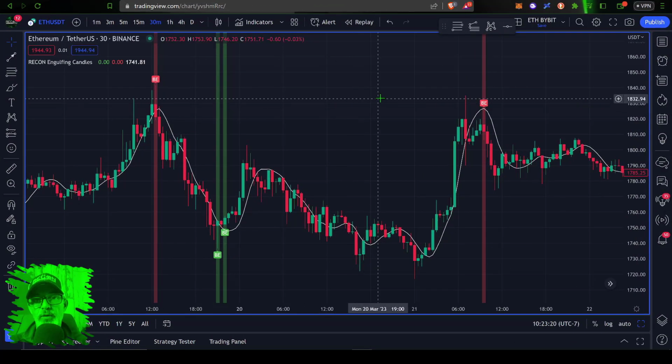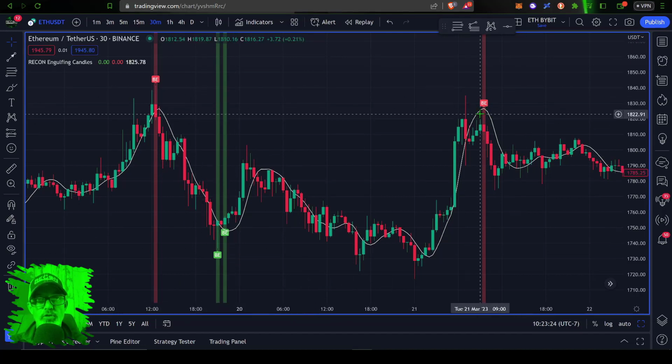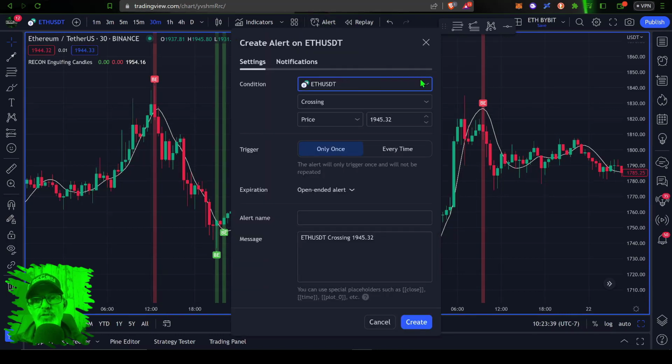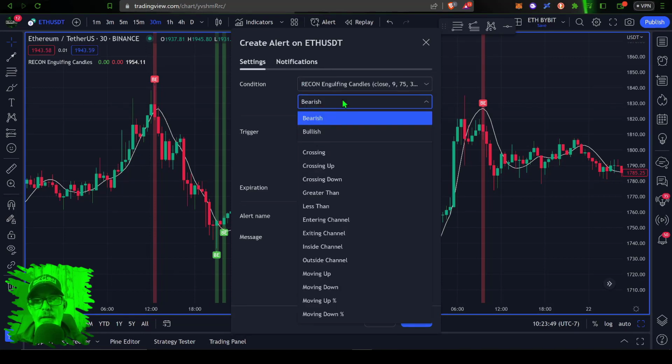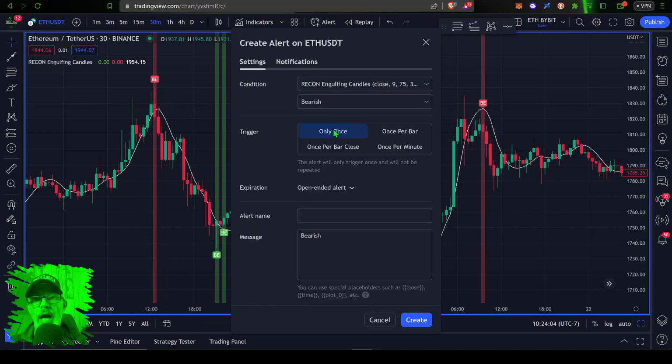Now, if you want to add an alert for each time that one of these candles prints on your chart, you can simply come over here to the alert tab, give that a click, and then you can actually add an alert for the RECON engulfing candles. You could do bearish or bullish. And so if I select bearish, I would want an alert to fire off to me once per bar close, and I can actually name the alert.